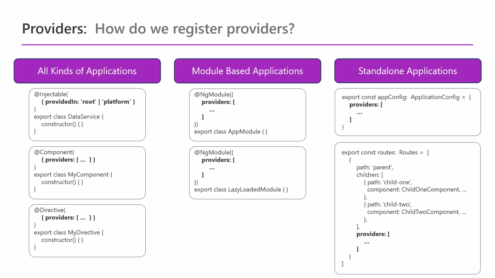For standalone applications, we also have a providers array within the root level application config object, as well as within specific routes within a standalone application.